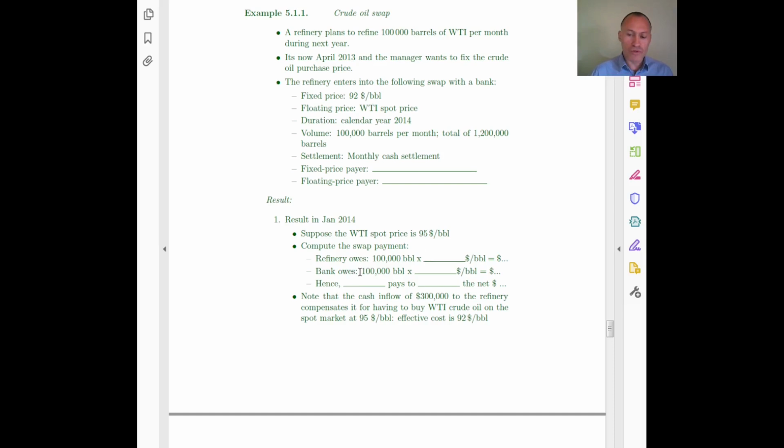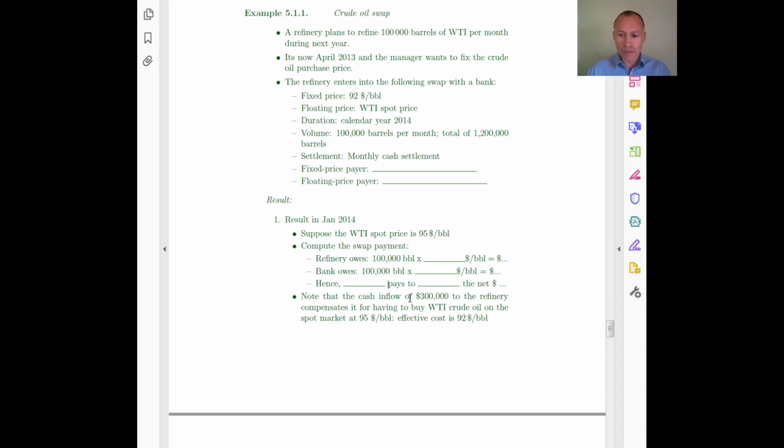The bank owes the reverse, the quantity times the floating 95, which means that the bank owes more than the refinery owes. So the bank pays to the refinery the net amount, the 95 minus the 92.